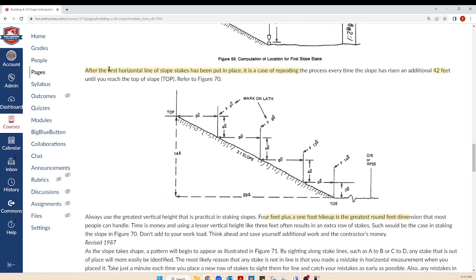So after the first horizontal line of slope stakes has been put in place, it is a case of repeating the process every time the slope has risen an additional 42 feet until you reach the top of the slope.